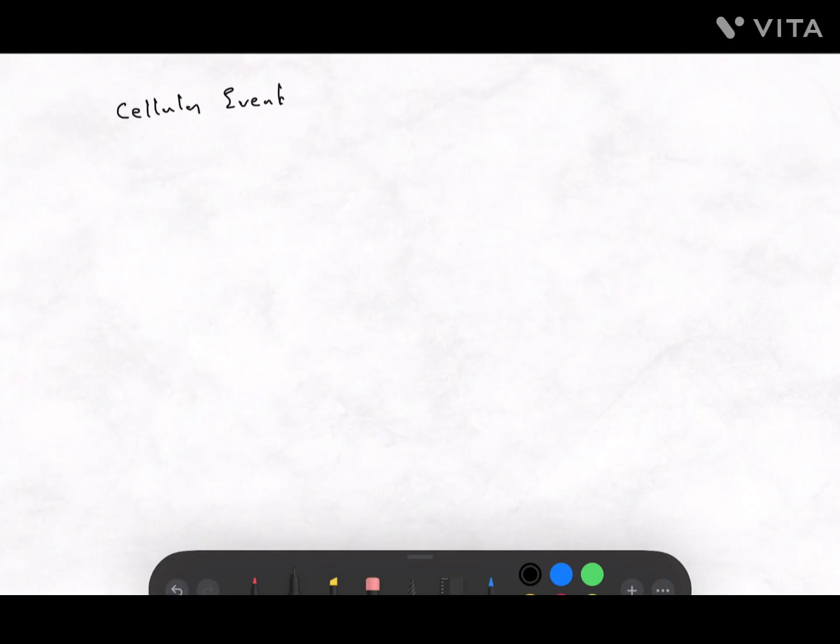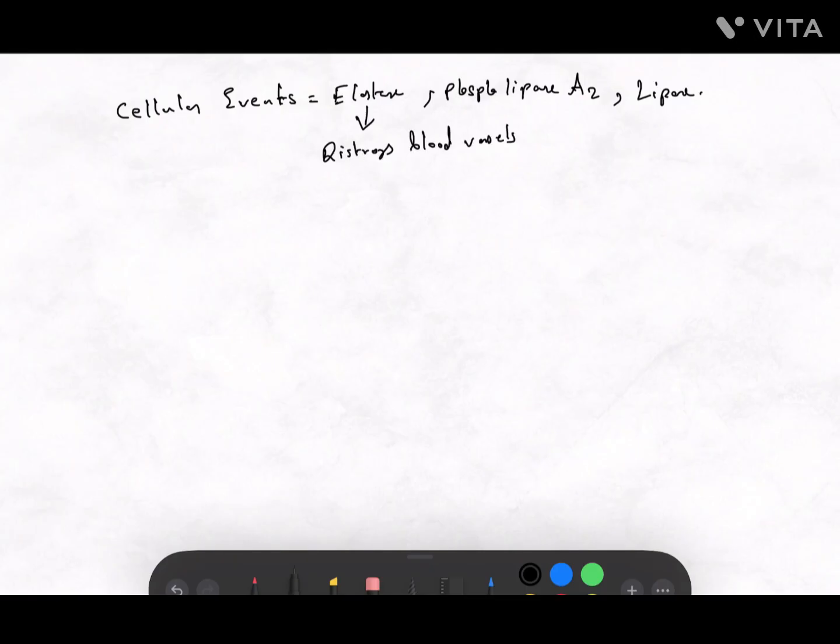Whenever trypsin is activated, we can see elastase, phospholipase A2 and lipase. These are the main things that cause pancreatitis. One is elastase. What will this elastase do? It destroys the blood vessels and it will cause hemorrhagic pancreatitis.